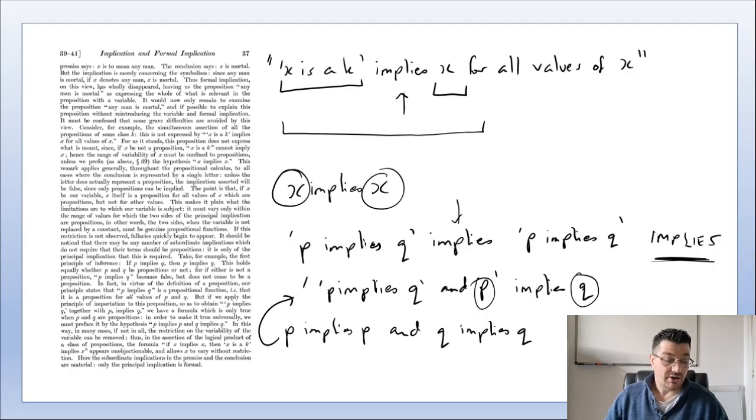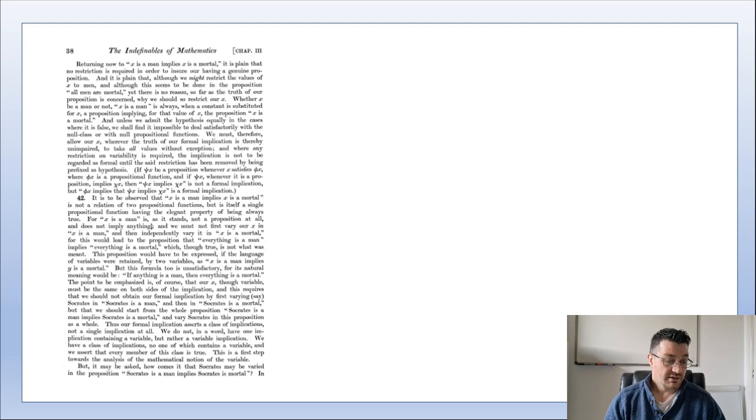So whether X be a man or not, X is a man is always, when a constant is substituted for X, a proposition implying for that value of X, the proposition X is mortal. And unless we admit the hypothesis, equally in the cases where it is false, we shall find it impossible to deal satisfactorily with the null class or with null propositional functions.